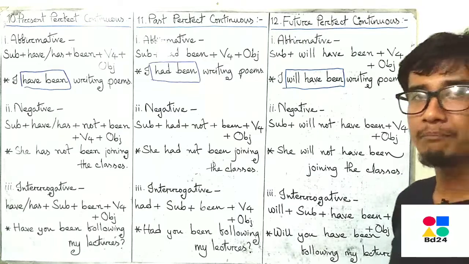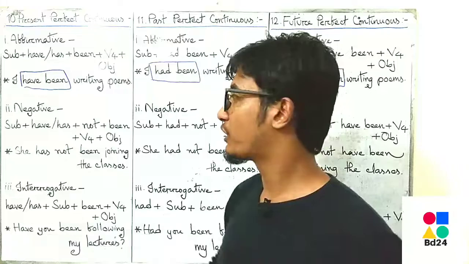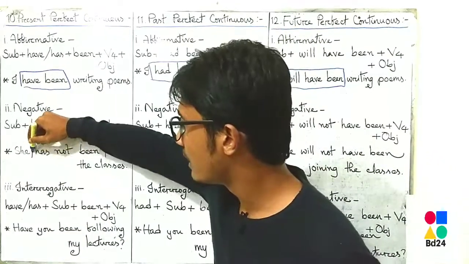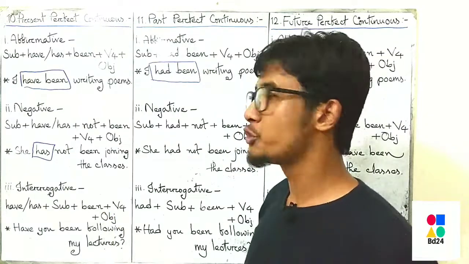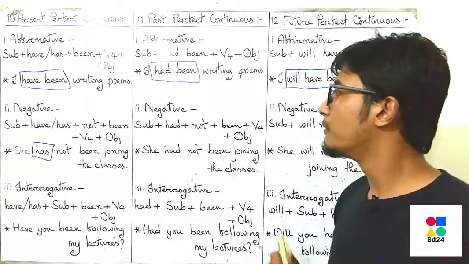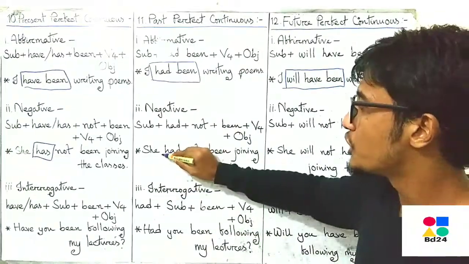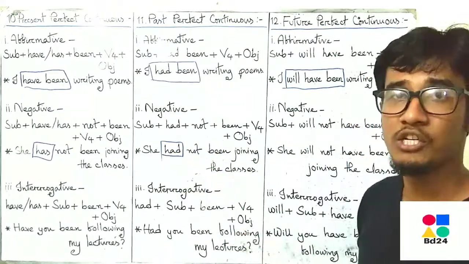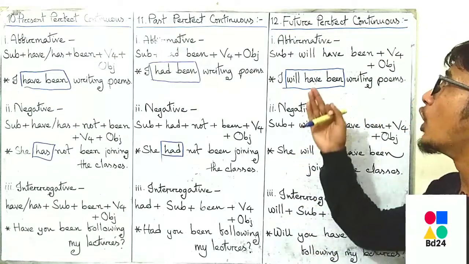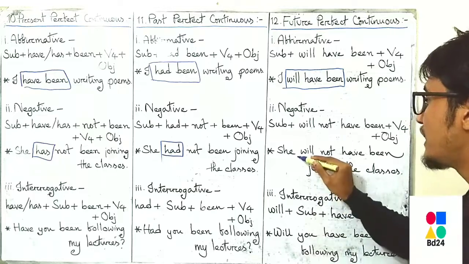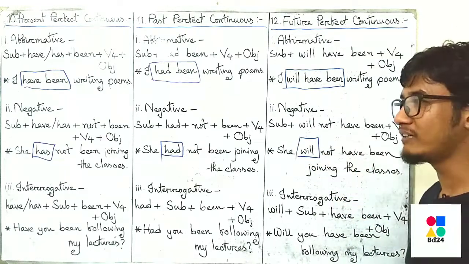So let's see the examples once again. In negative sentence of present perfect continuous, she has not been joining the classes. In the negative sentences of past perfect continuous, she had not been joining the classes, and in negative sentence of future perfect continuous, she will not have been joining classes.